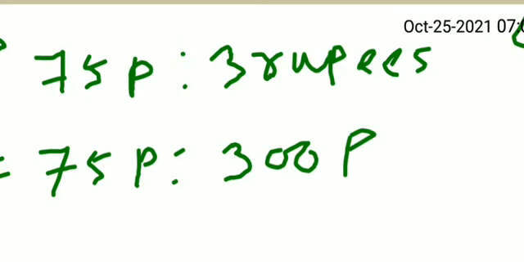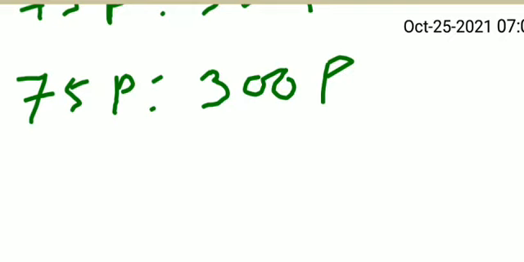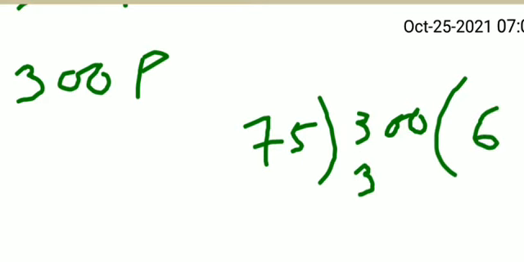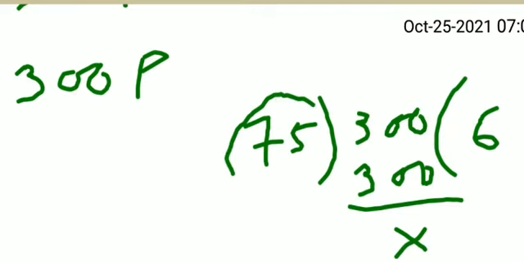Then the process is the same as before. First of all, you have to find the HCF of 75 and 300. Doing the HCF, 75 goes into 300 four times, so the HCF is 75.